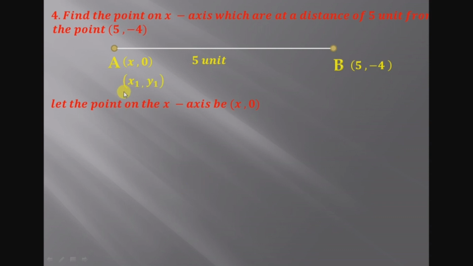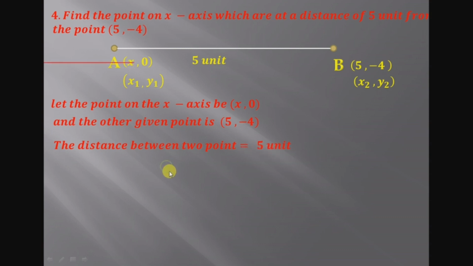For our simplicity, we'll take the coordinates of A as (x1, y1) and B as (x2, y2). The distance between the 2 points is equal to 5 units. So the distance is given by the formula square root of (x2 minus x1) whole square plus (y2 minus y1) whole square is equal to 5.